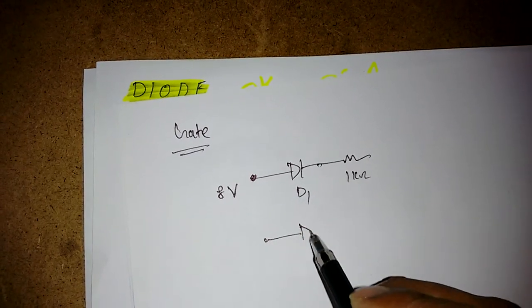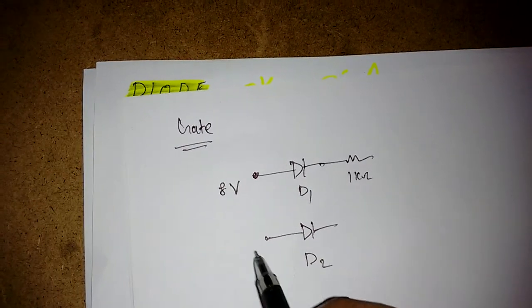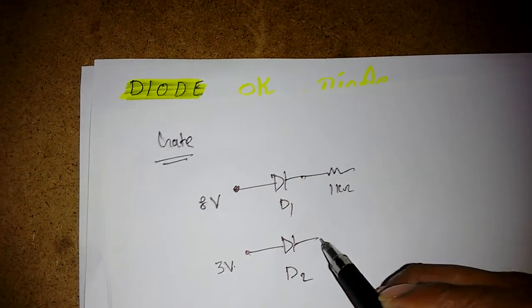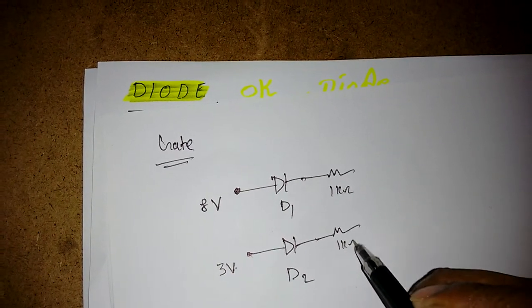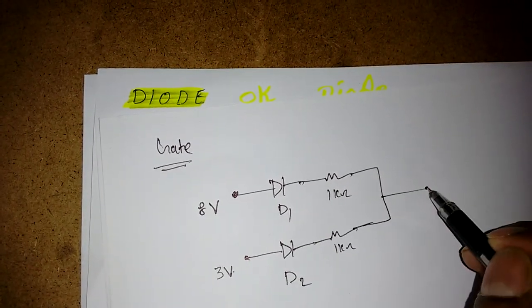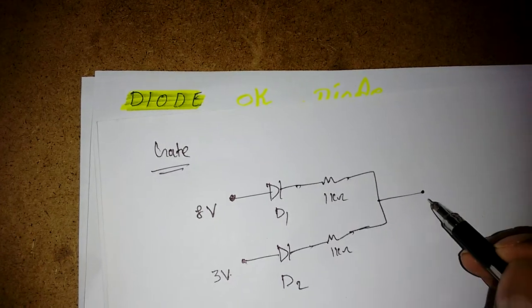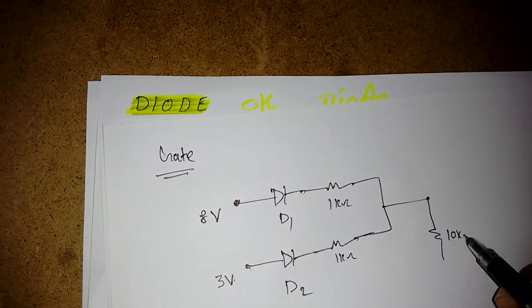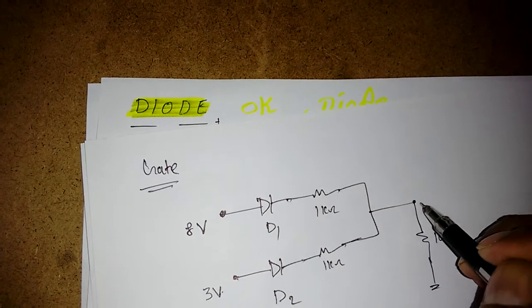Suppose diode D2 is there, here I have given 3 volts, and there is a 1 kilo ohm resistor. These two are connected to one terminal, and this terminal is connected to one more resistor, maybe 10 kilo ohm.